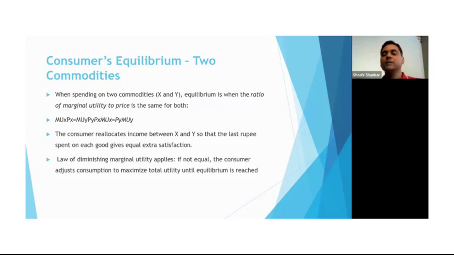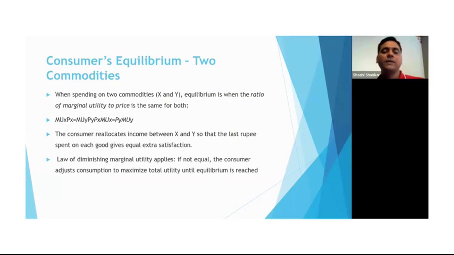So it is nothing but balancing, right? Why am I saying balancing? Because if one product has been allocated more income, then with the help of this equilibrium concept, they can understand we have to reduce from X and reallocate something to Y so that they can get the maximum utilization, correct?